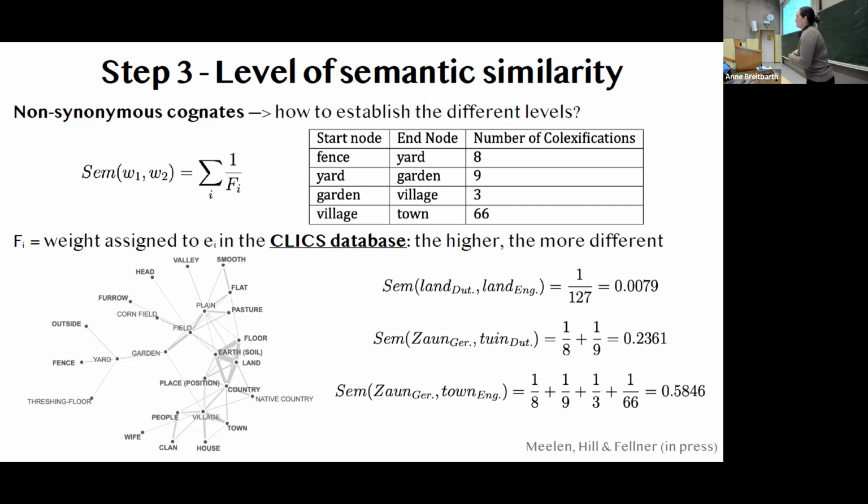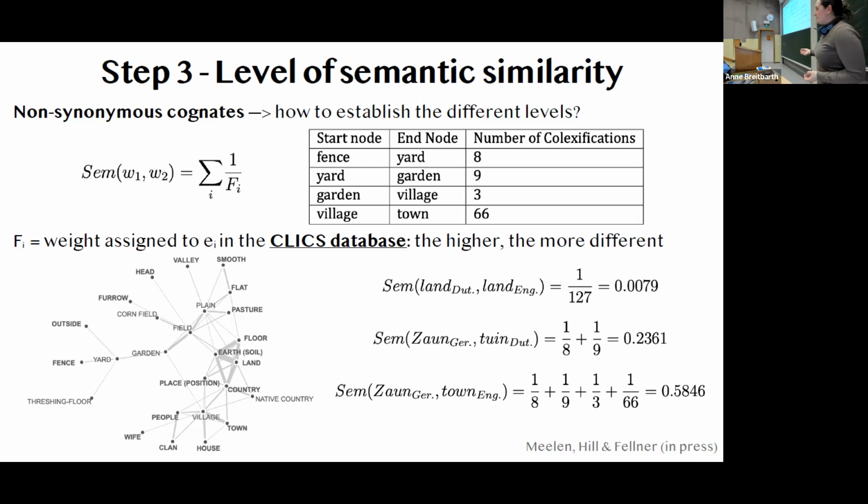So we're trying to exploit all that information and actually calculate, well, if you want to start, let's say, from fence, and then you want to end up in town, then what you need to do is go from fence to yard, from yard to garden, from garden to village, from village to town. And on the way, you go through these lines that either have a lot of correspondences or very few correspondences. So they're thicker lines or thinner lines.